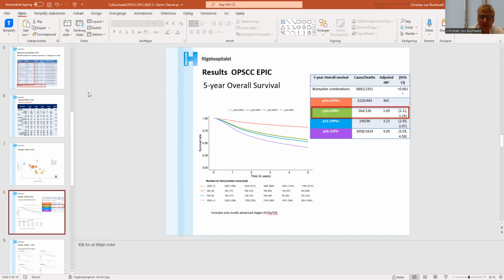This is also shown with the adjusted hazard ratio in the table, where you see that the outcome is worse, almost the same, when there's discordance or double negativity with P16 and HPV. And the cases here only include locally advanced stages of stage 3, 4A, and 4B.